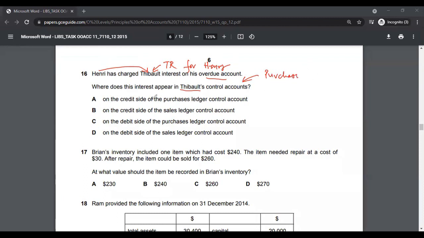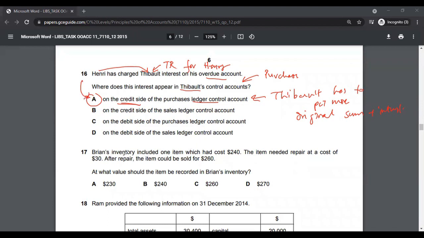So this would be on the credit side of the purchase ledger control account. In other words, this means that Thibault now has to pay more, the original sum plus the interest. So the answer to multiple choice 16 is option A.